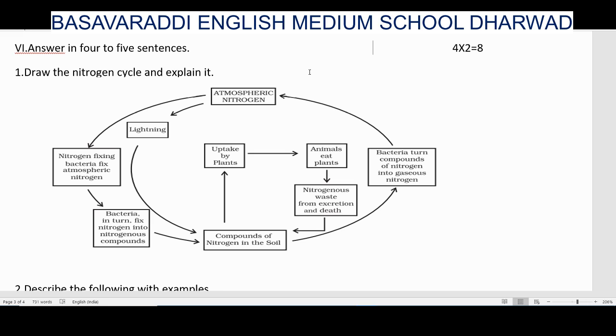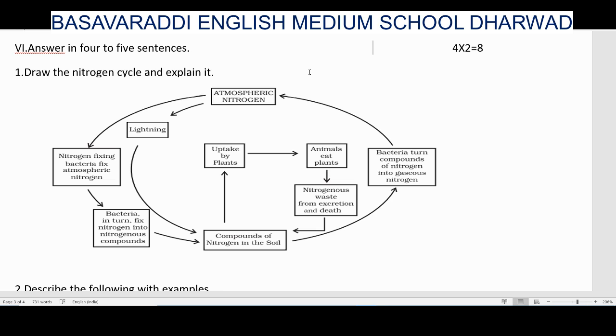So the plants have to get this particular nitrogen so that they can utilize it. For this reason, you have what are called nitrogen fixing bacteria. That means these bacteria will be present in the soil.